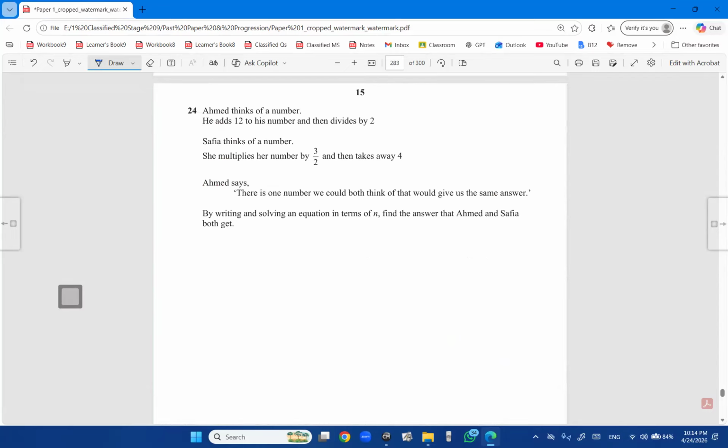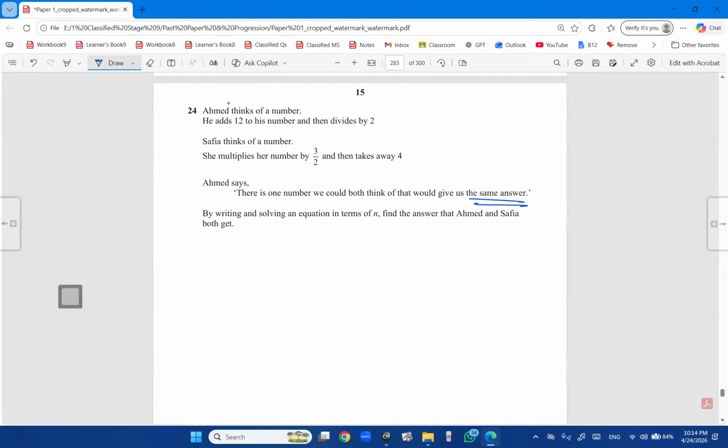The next question says, Ahmed thinks of a number. He adds 12 to his number and then divides it by 2. Safia thinks of a number. She multiplies her number by 3 over 2 and then takes away 4. Ahmed says there is one number we could both think of that would give us the same answer.